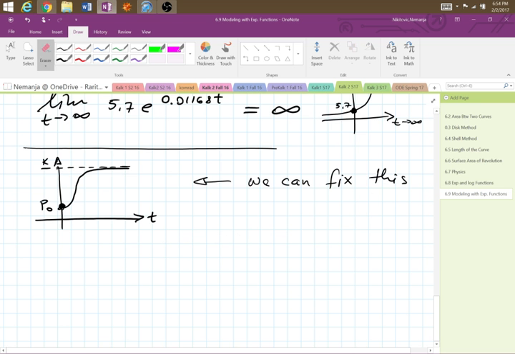So going on with the problem, can we figure out how many people we are going to add this year? Just this year. Yeah, how would we do that? Ta-da.